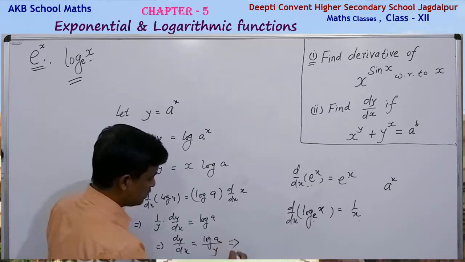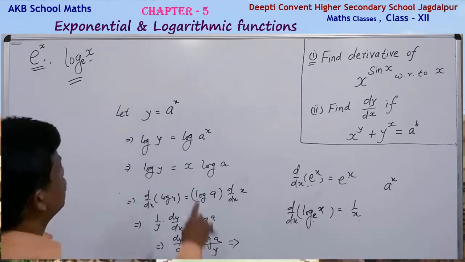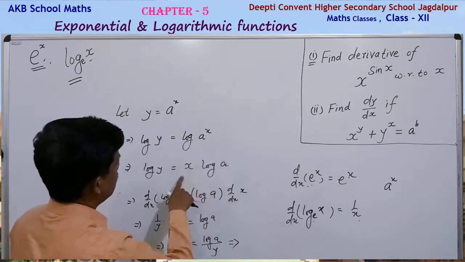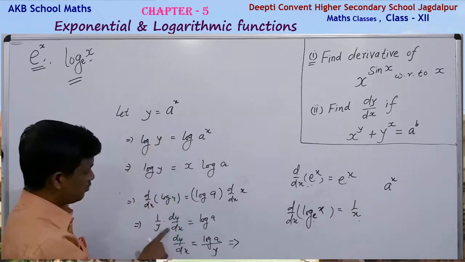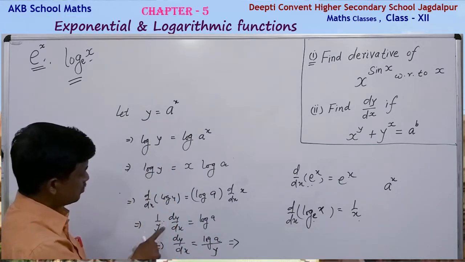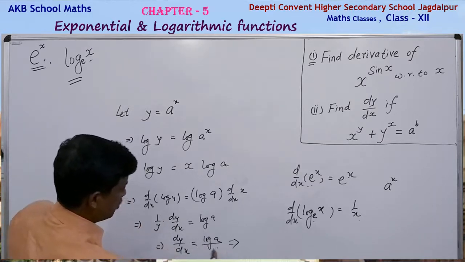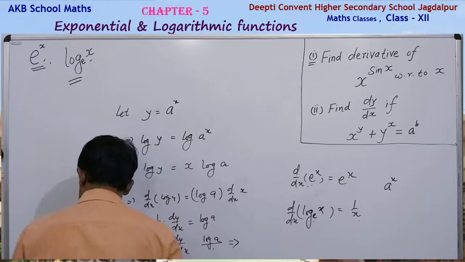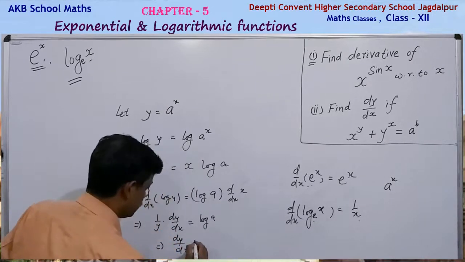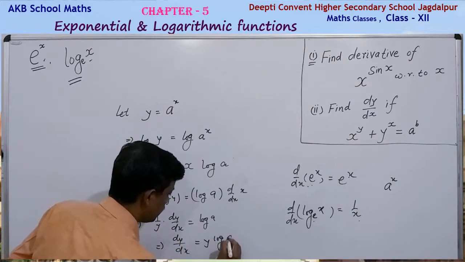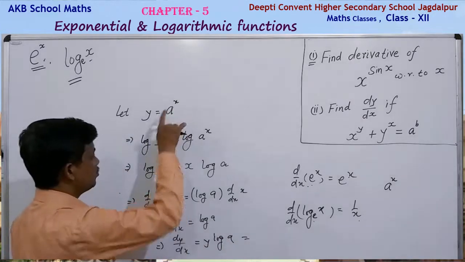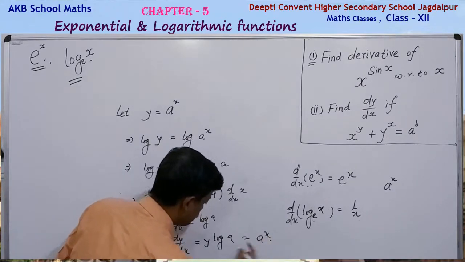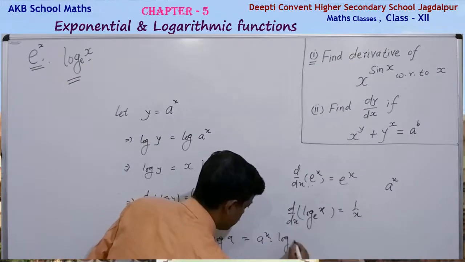So this implies, the derivative of x with respect to y, so dy by dx into 1 upon y, the y goes up, equals y log of a, that is equals what? y means e to the power x into the constant log of a.